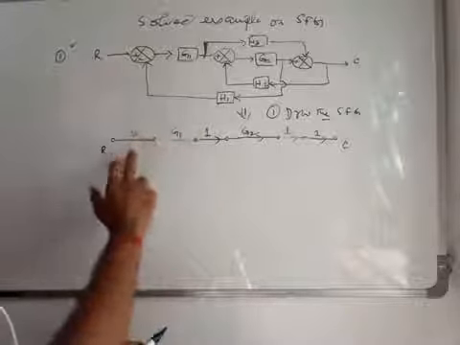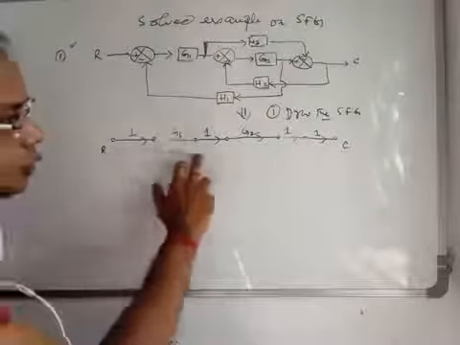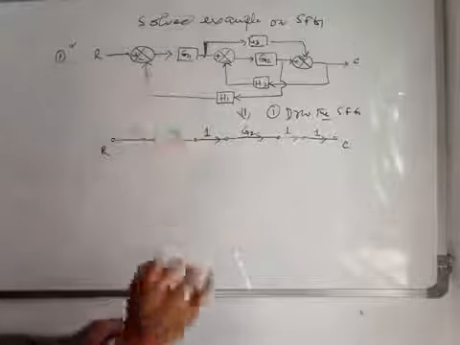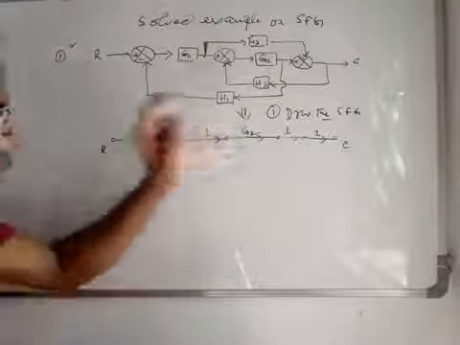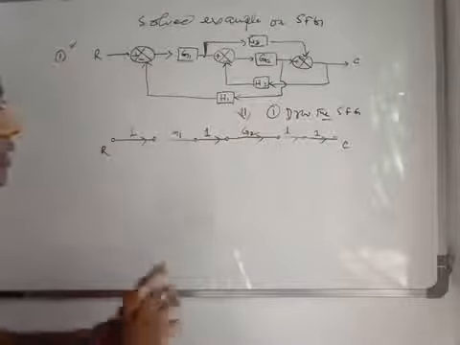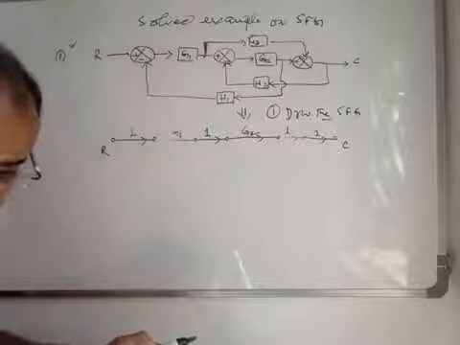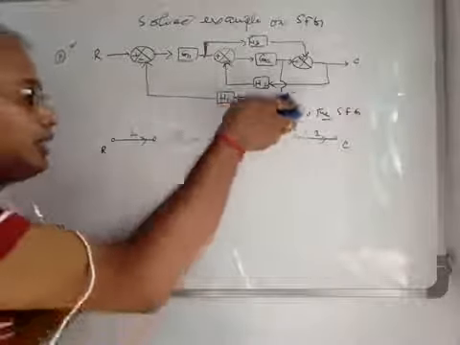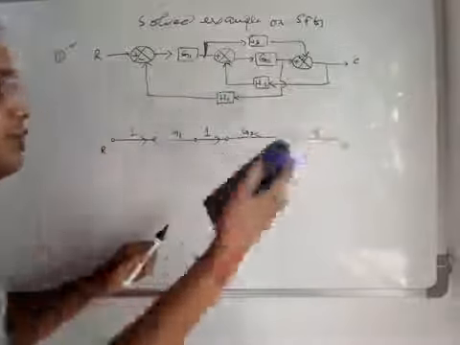So all the nodes have been incorporated and some of the branch gains we have already written there. Next, we will just remove this part to get some space.